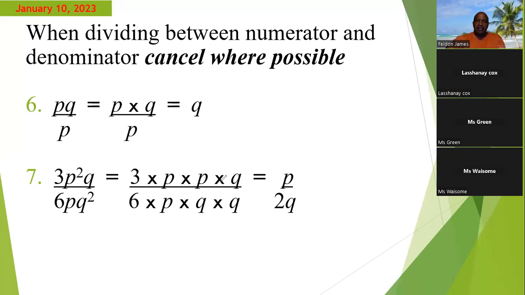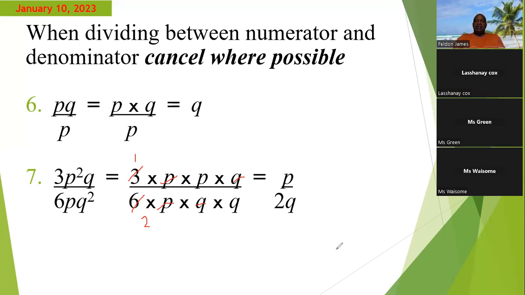Now, once you have expanded out like this, you cancel what is common in the numerator with what is common in the denominator. 3 can go into itself 1 time. 3 can go into 6 2 times. Now, a p in the numerator will cancel with a p in the denominator. A q in the denominator will cancel with a q in the numerator. Can we cancel out anything else?